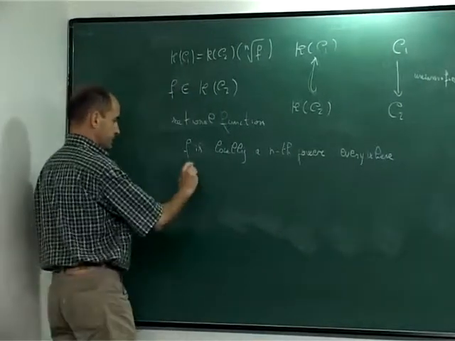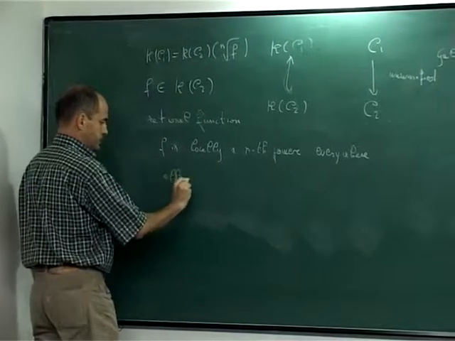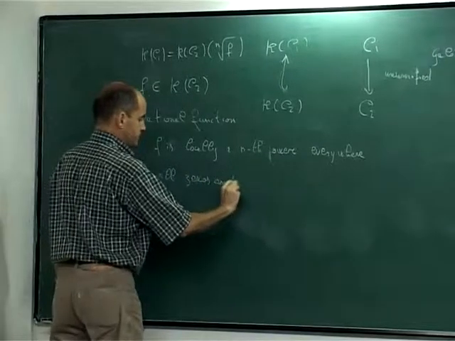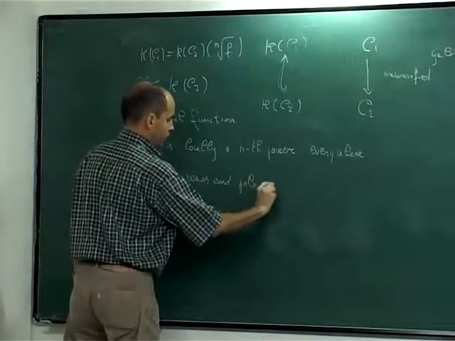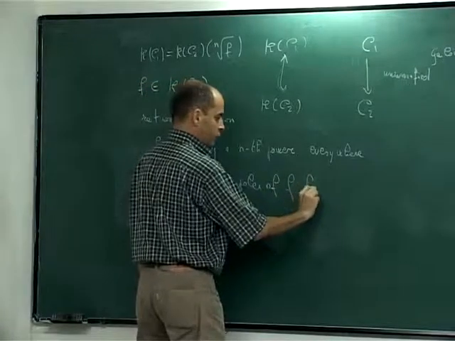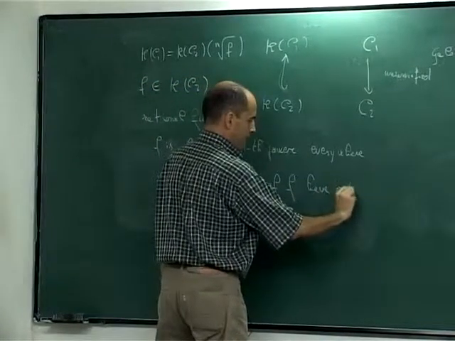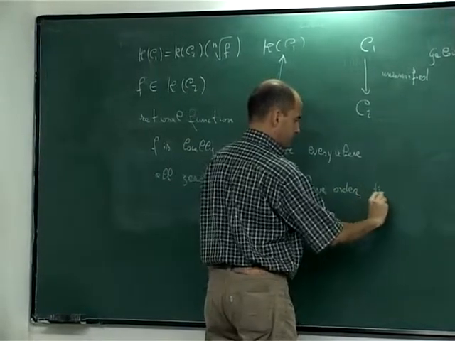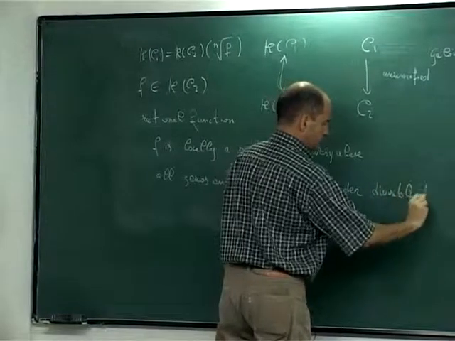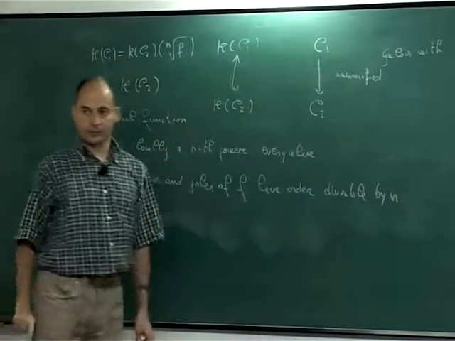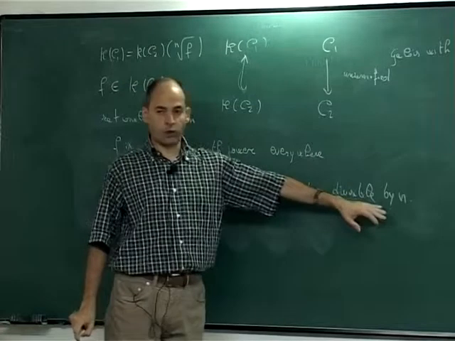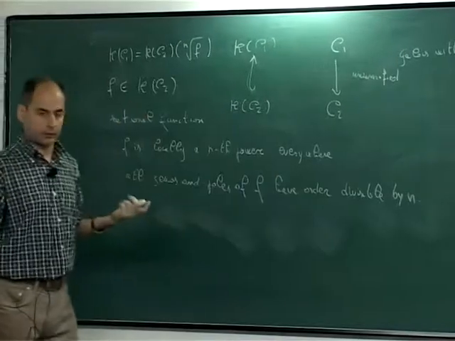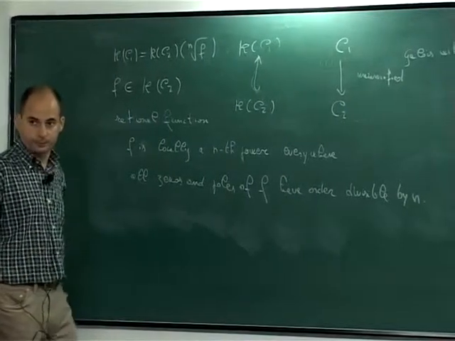And this means that all zeros and poles of F have order divisible by n. This is the only local obstruction to extracting an nth root of a holomorphic function.